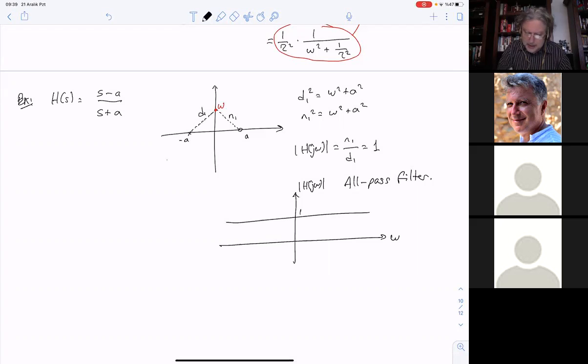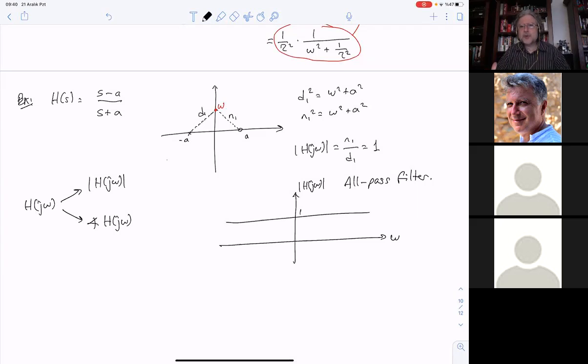We have been looking at the magnitude of H of j omega, but there is also the angle of H of j omega that we must take a look at. And for that, we haven't seen the formula yet.